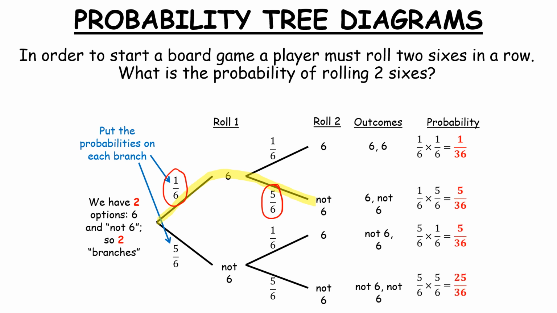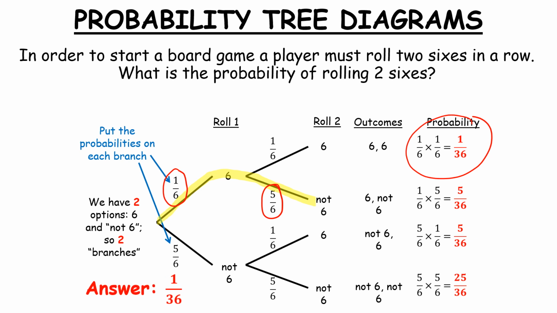And we will continue that for our other two outcomes. A way to check that everything is being done correctly is to add those probabilities in red. They should add up to 1. This should be exhaustive. So the answer here, in order to start a board game, what's the probability of rolling 2 6s? Our answer is here. So it's a 1 in 6 chance.